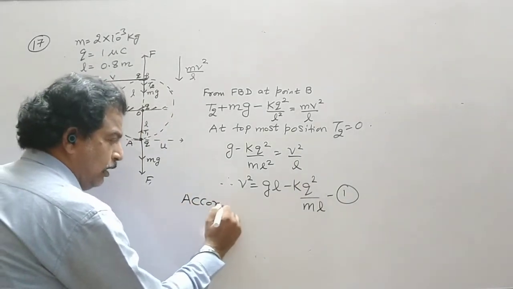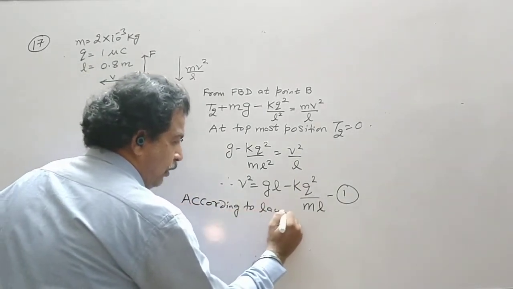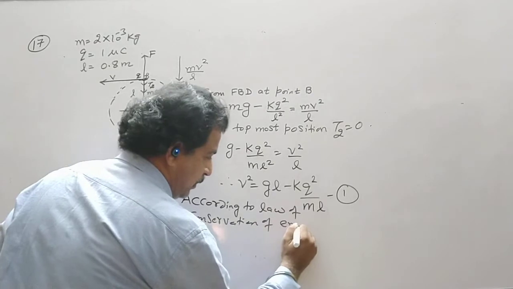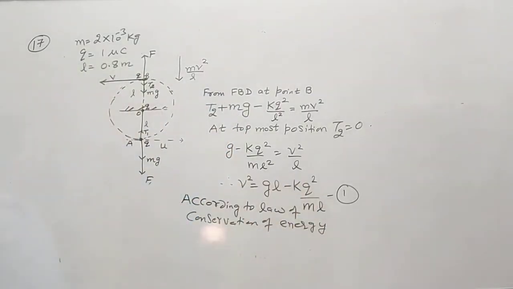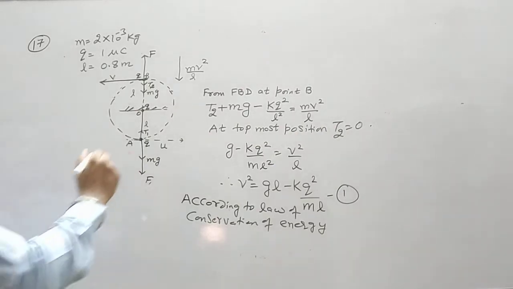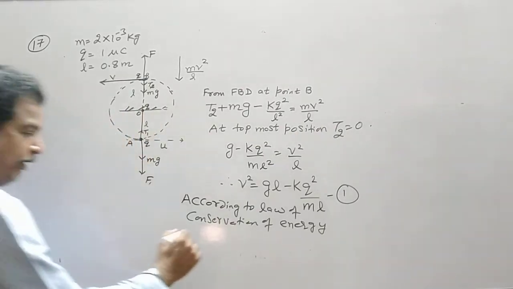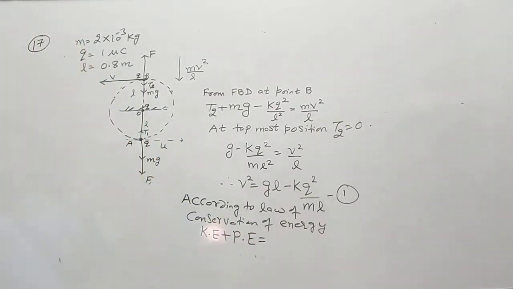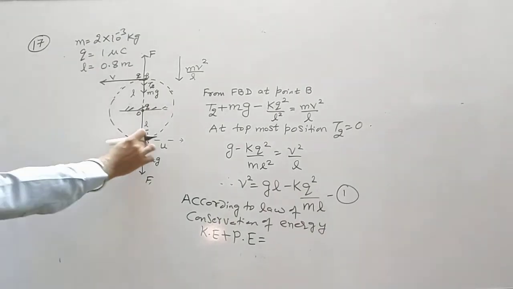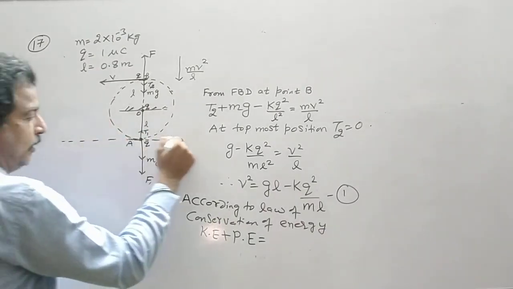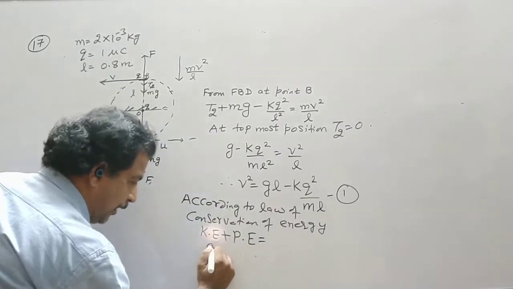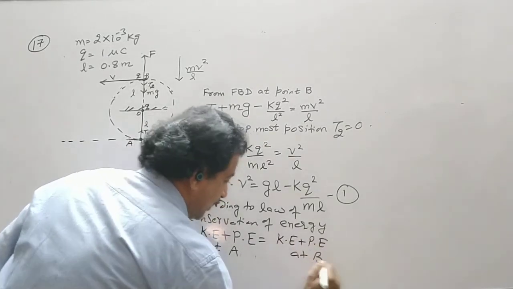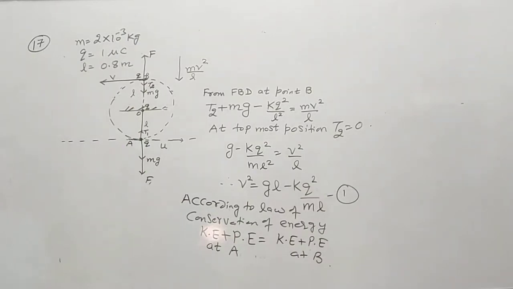So according to the law of conservation of energy, at the lowest point, we have kinetic energy plus potential energy, and at the highest point, if I take this as a surface, then kinetic energy plus potential energy at A is equal to kinetic energy plus potential energy at B. So that is, the mechanical energy remains constant.